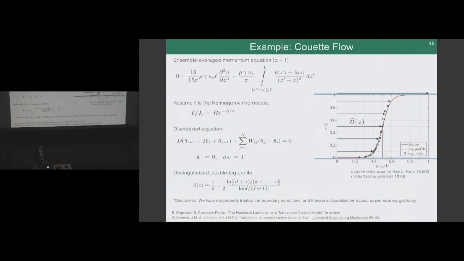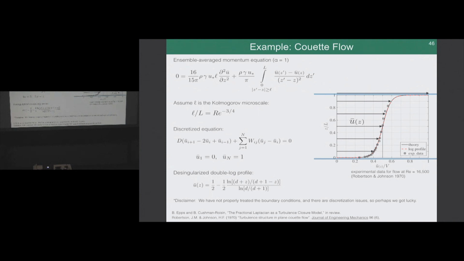So I'll wrap up by giving two examples. So here's a wet flow. Here's a plate which is still on the bottom and a plate that's moving on the top. And the velocity profile in this scenario from the measurements is going to look like this log profile, kind of a symmetric double log profile here. From the theory, if you work out, you take the governing equation, you reduce it down to one-dimensional form, and you discretize it in various ways.